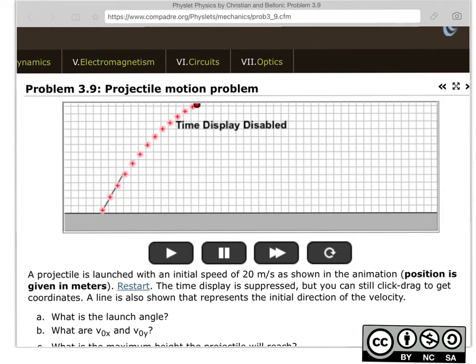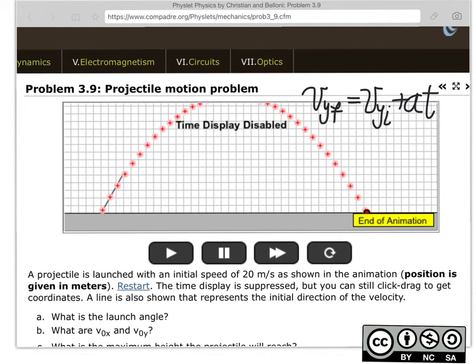And so you can't measure the height. But you can measure how far downrange it goes, and from the initial velocities you can calculate the height and answer the other questions asked.